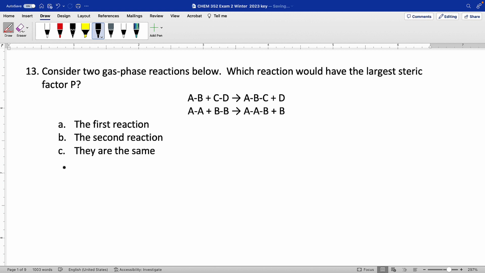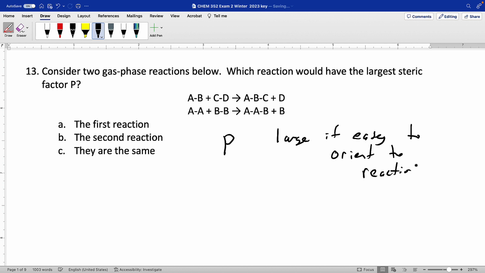Two gas phase reactions below, what reaction would have the largest steric factor? So looking at this, remember the steric factor P is large if it's easy to orient correctly. So if you can orient to the reaction coordinates, in other words, if the molecules can line up correctly, and that's not hard, then P is large.